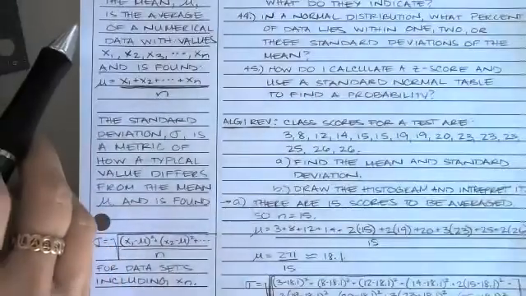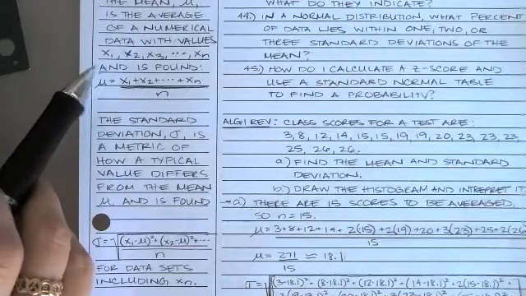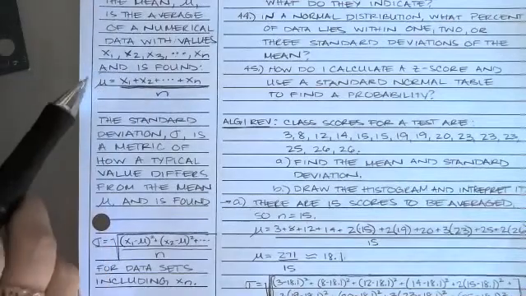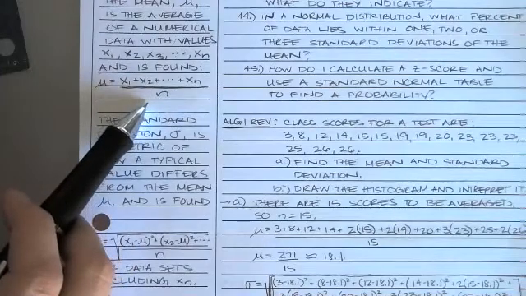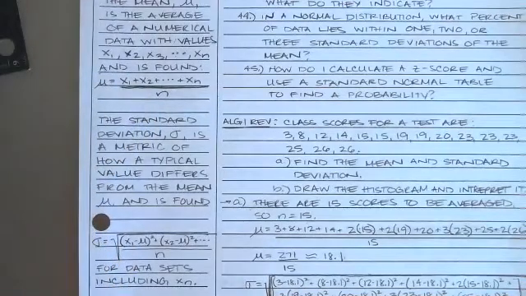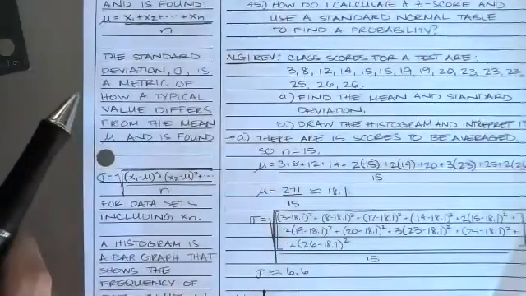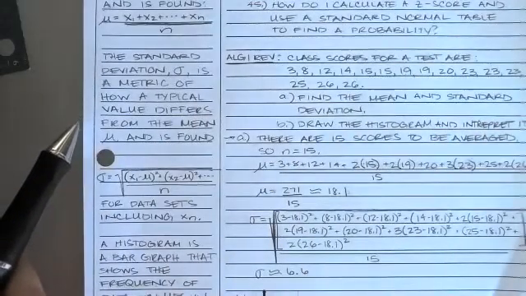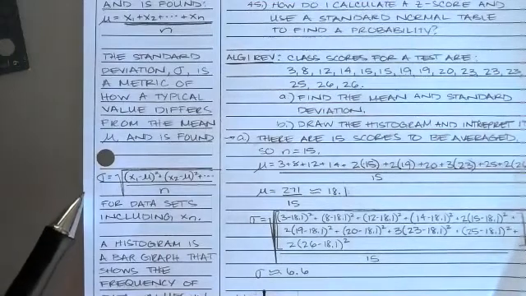The mean mu is the average of numerical data with values x1, x2, x3, all the way up to xn, and is found by adding the values together and dividing by n. So that's just a typical average. The standard deviation sigma is a metric of how a typical value differs from the mean mu and is found using this formula.